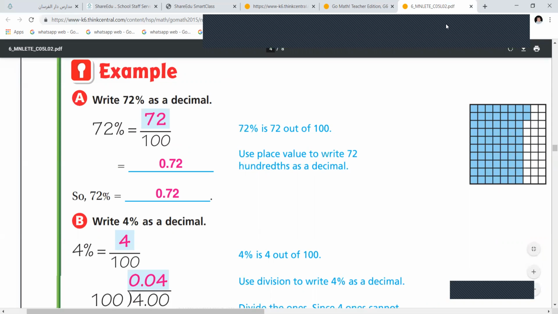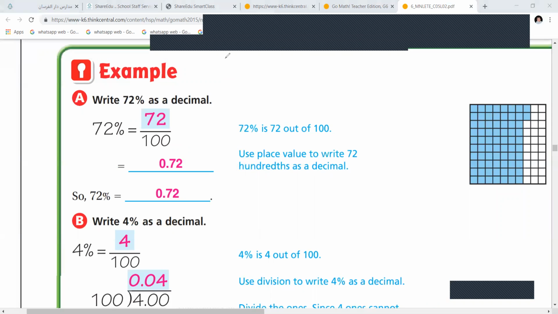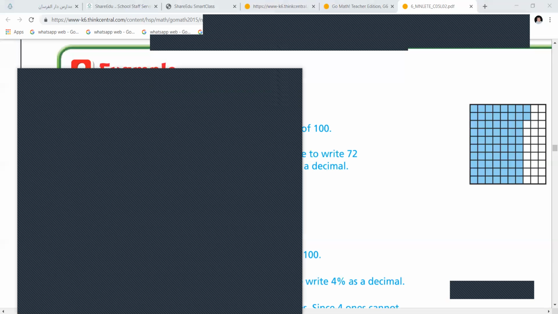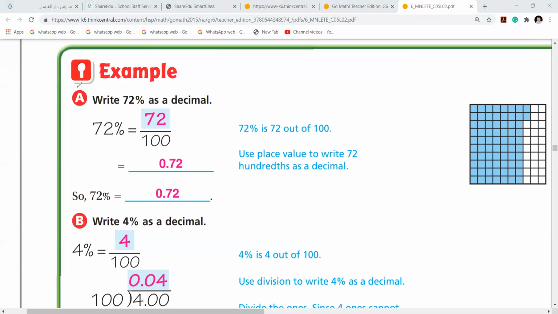That day in the class, that if it is 72, so if it is 72 over 100, 72%, you have to do 72 over 100.